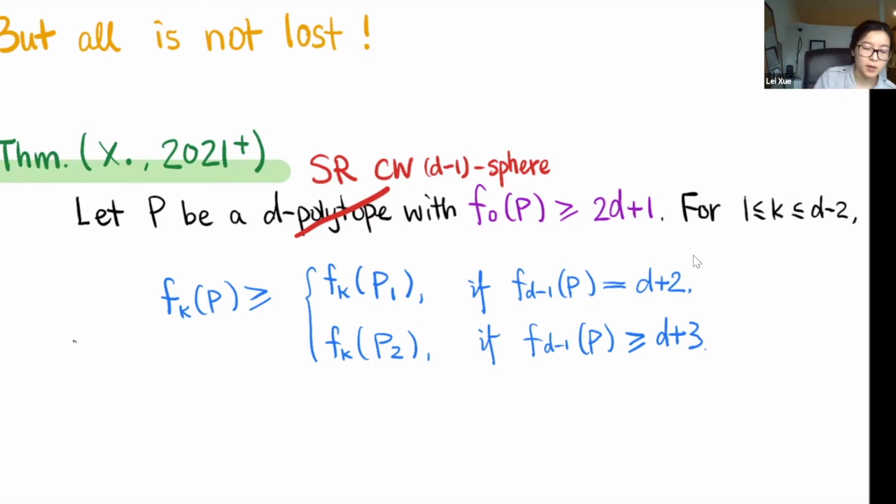And if you compare the F vector of P1 and the F vector of P2, P1 is lower in the first half and P2 is lower in the second half. It's quite funny, interesting.